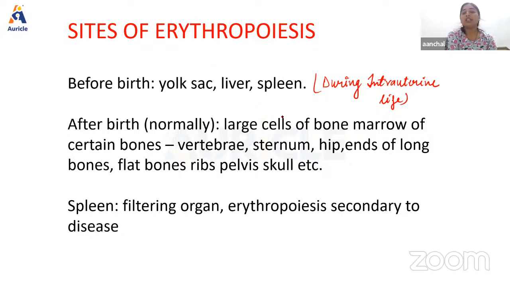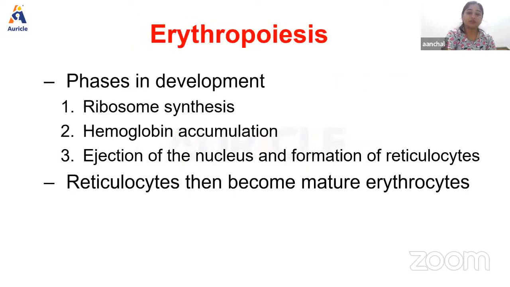After birth, normally the marrow cells of certain bones like vertebrae, sternum, hip, and long bones, and flat bones like ribs, pelvis, and skull are responsible for the formation of blood cells. The spleen is sometimes also a site of formation, secondary to some specific kind of disease.